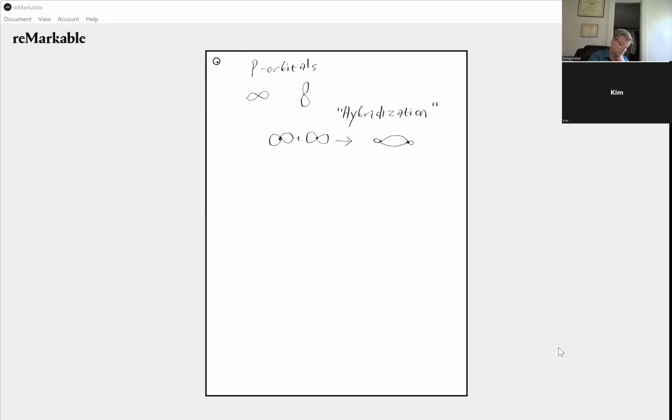Our 2 electrons will occupy this. And notice that these electrons are exactly in between the 2 atoms. They occupy that space exactly in between the 2 atoms. We call this a sigma bond. It only has one component.